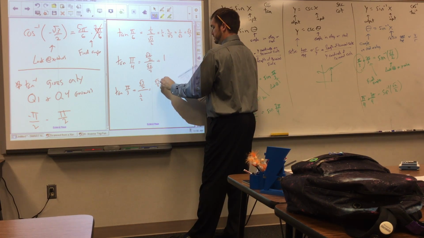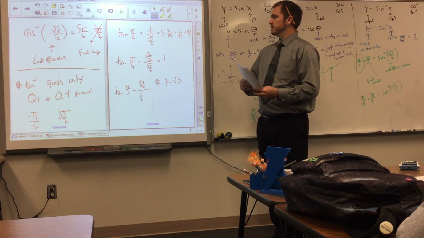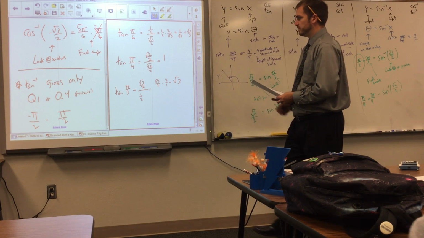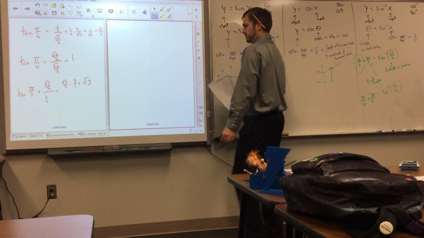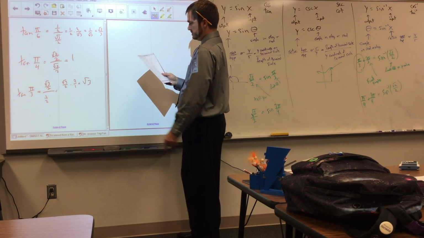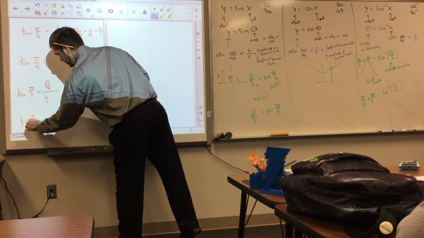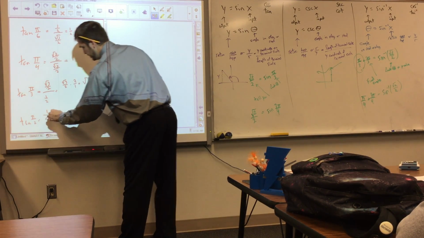So it's going to be root 3 over 2 times 2 over 1. So that's just going to be good old root 3. Tangent of 90. Let's try tangent pi over 2. 1 over 0, undefined.